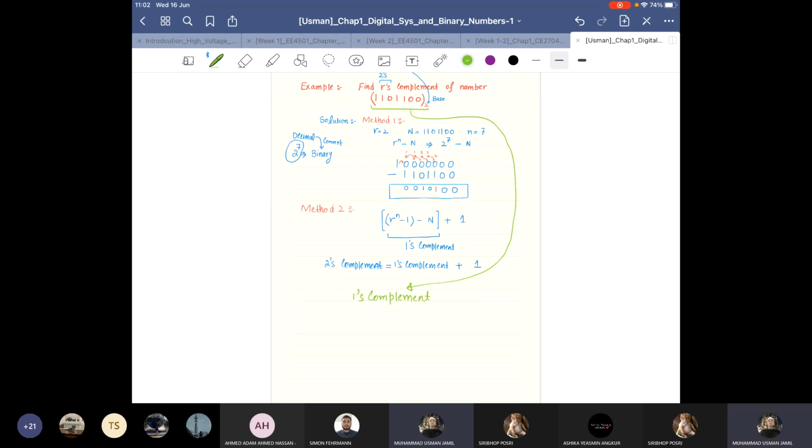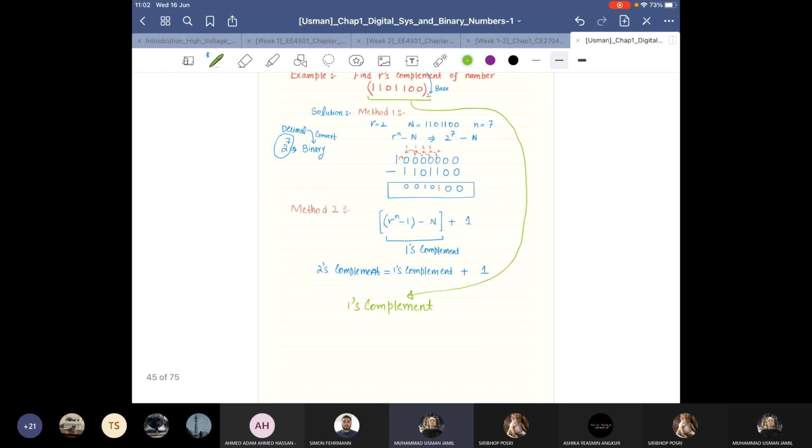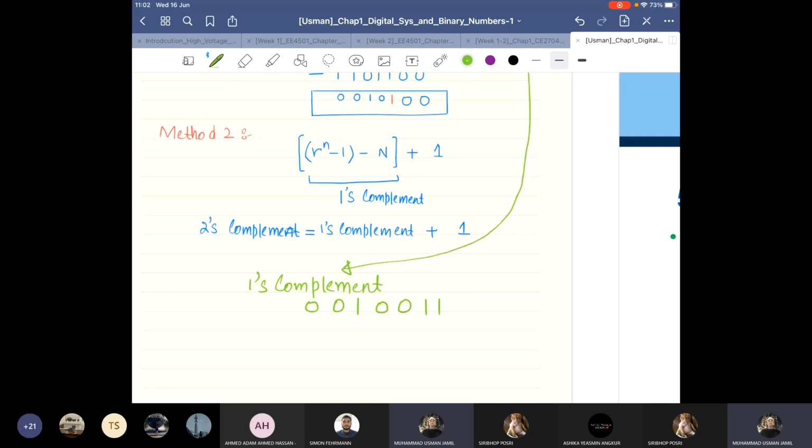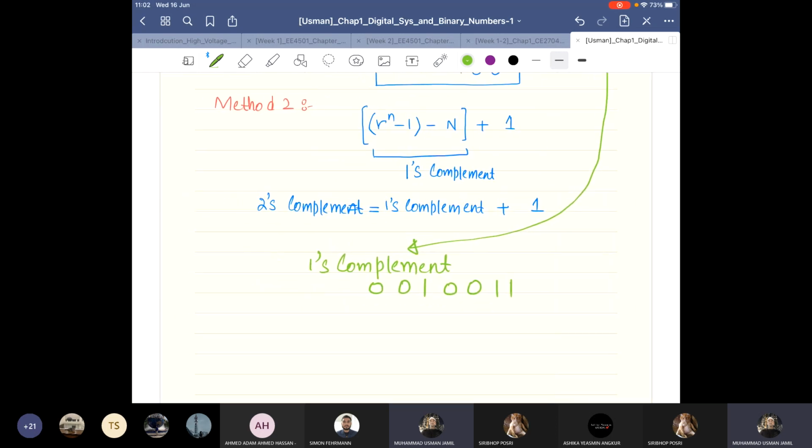So 1's complement is now 1 because 0, then again 0, 1, then 0, then again 0, then 1, then 0, then 0. So this is the 1's complement. Now add plus 1 here.